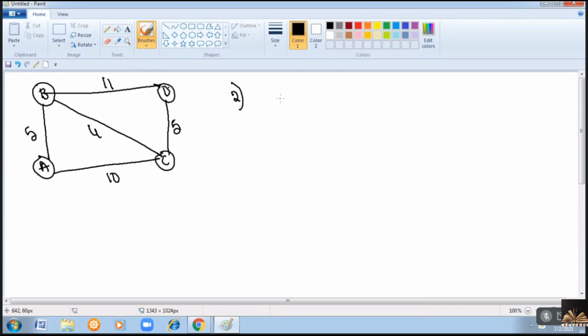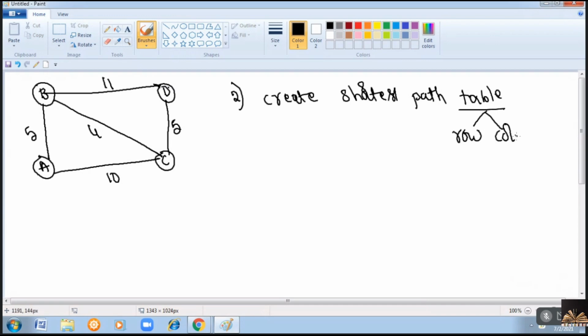The second step is you have to create a shortest path table. Whenever the word table comes, it will include rows and columns. The number of columns in the shortest path table is equal to the number of vertices in the graph.